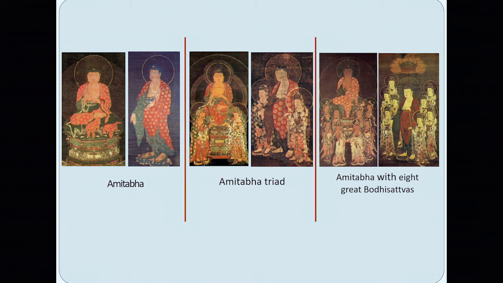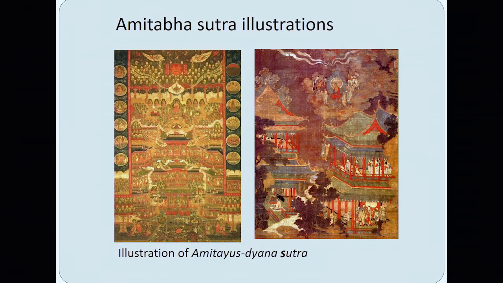And then on the right, the pair showing Amitabha accompanied by the so-called 8 great bodhisattvas. So these are the 3 classic compositions depicting this deity. In addition to these, there are a few sutra illustrations relating to Amitabha, but essentially it's those 3 types that we just looked at.